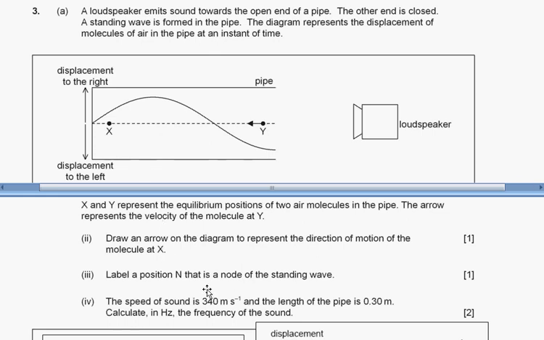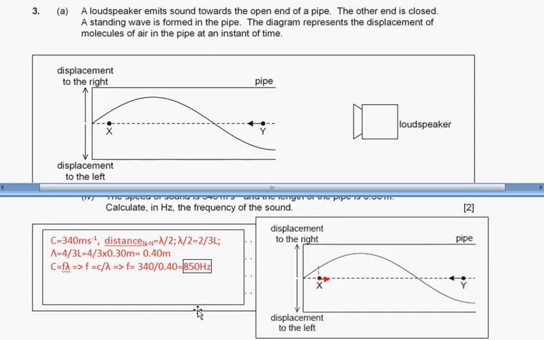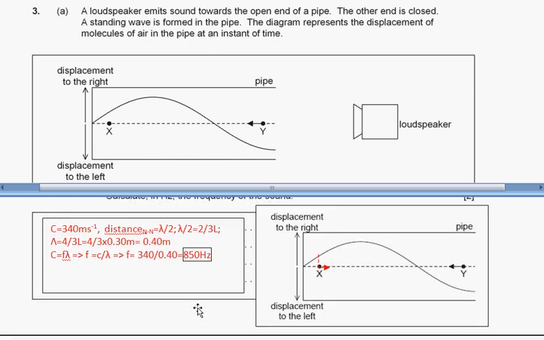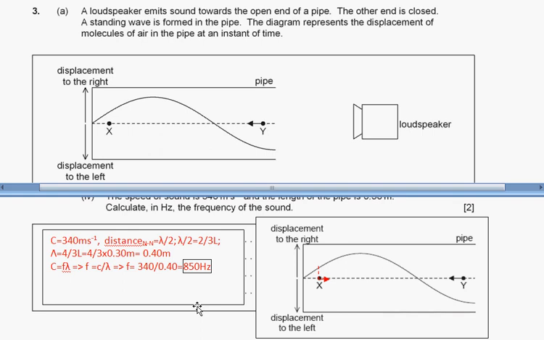Label position N that is a node of the standing wave. Okay, so all this we have done in here. So between nodes we have the same phase. So all of them here they move to the left, here they move to the right.